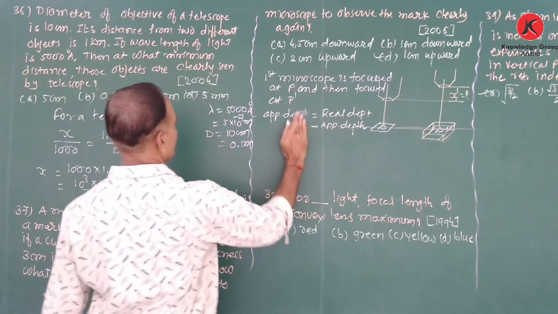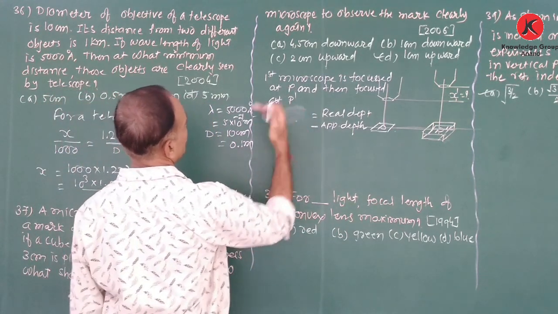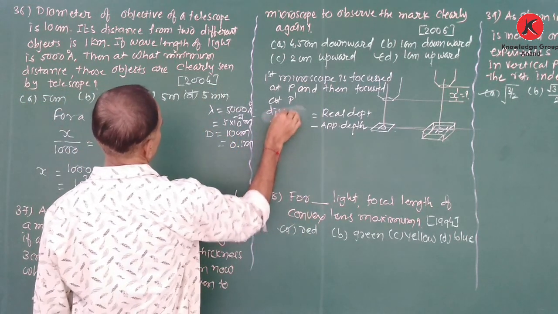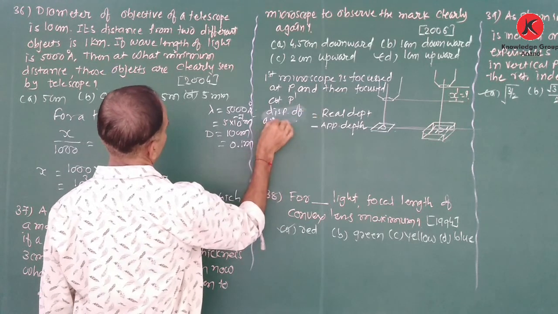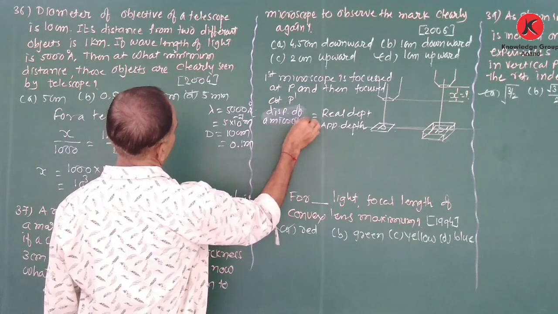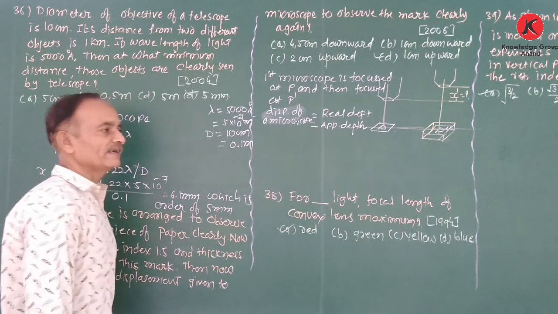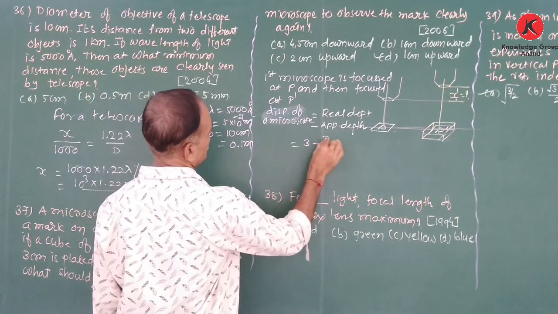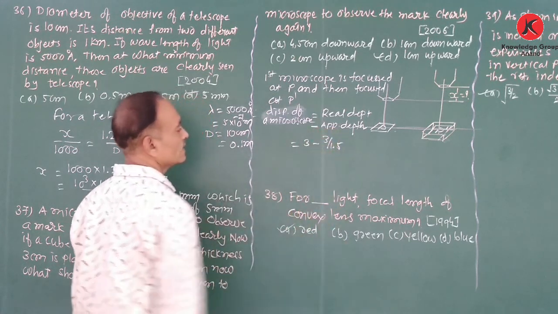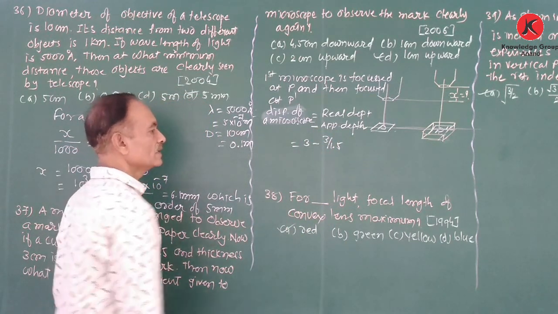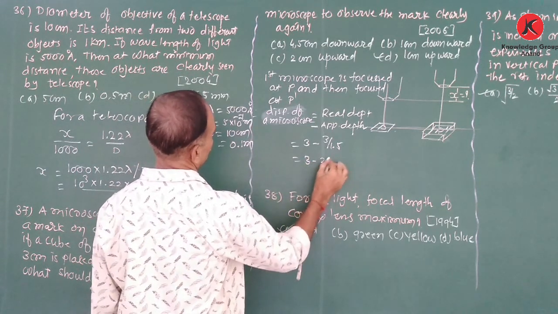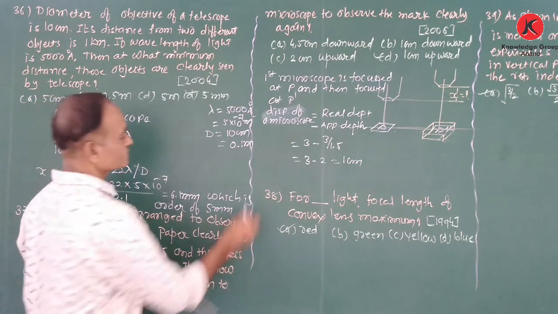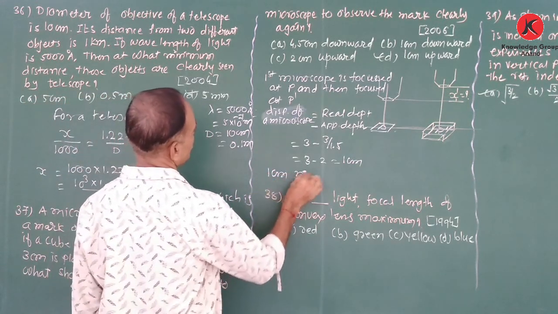The displacement of a microscope is equal to real depth minus apparent depth. Therefore, it is 3 minus 3 upon 1.5. Therefore, 3 minus 2 is equal to 1 centimeter. We have to move upward, 1 centimeter upward.